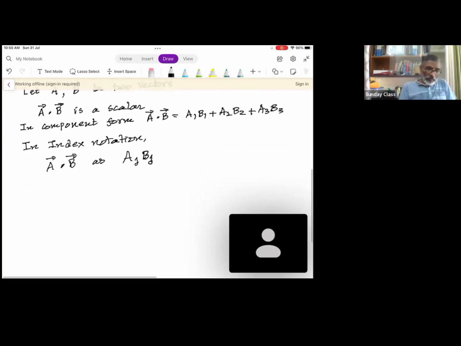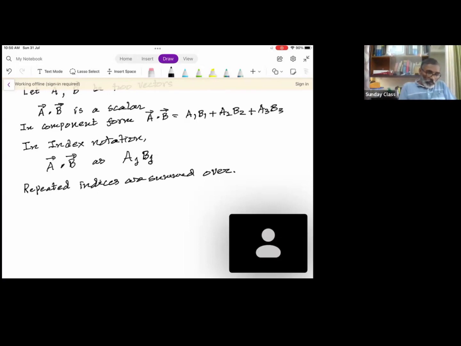So we stick to the convention that repeated indices are summed out. That means j equal to 1, j equal to 2, j equal to 3, and you have to sum that.